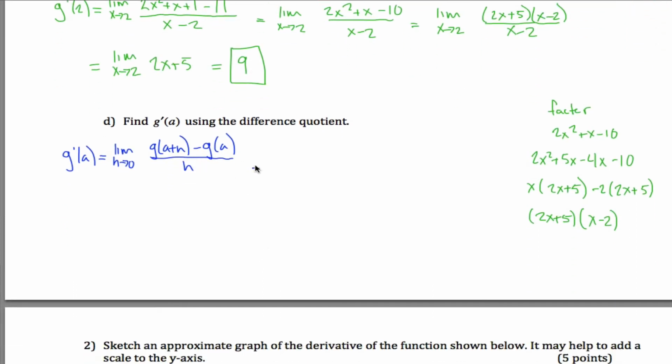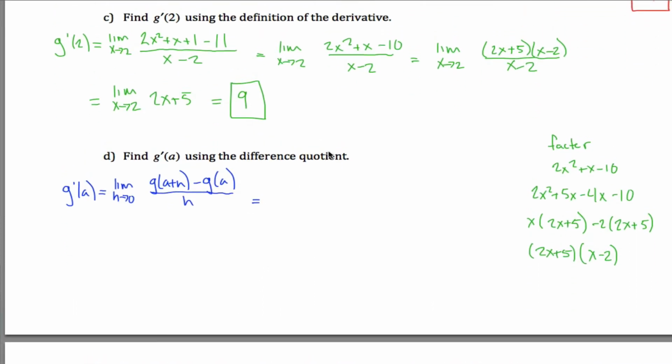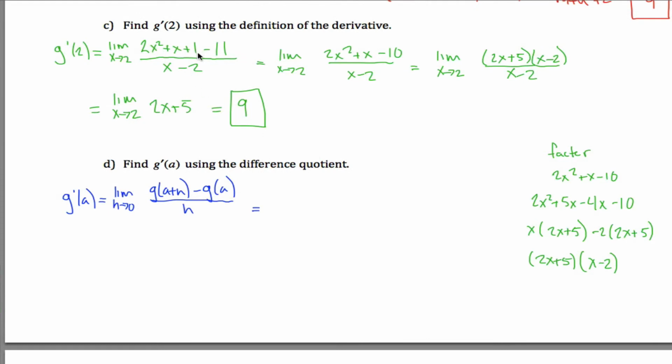G of a plus h, well, g of x is 2x squared plus x plus 1. So g of a plus h would be, let me put my limit in there, 2 times a plus h squared plus a plus h plus 1.